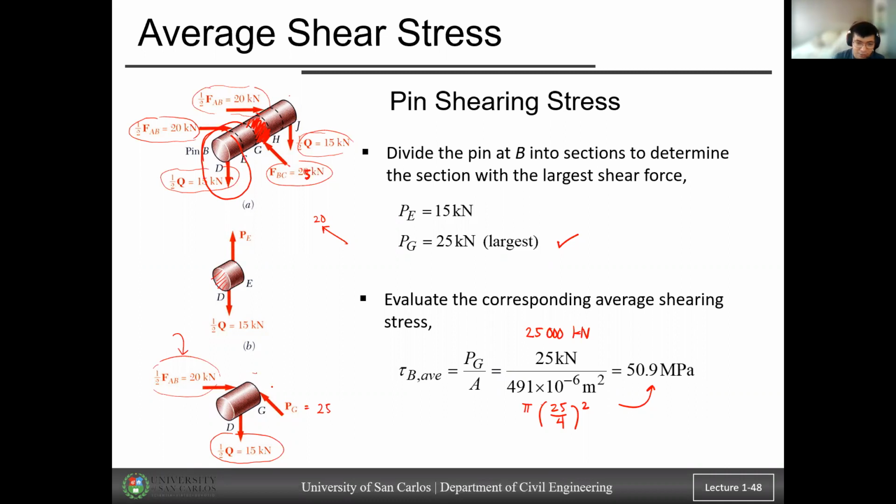So I think just try to check if it's really 25, and try resolving it into its corresponding horizontal and vertical components. If it's in equilibrium, that means our solution is correct. Okay, so probably it's 25.